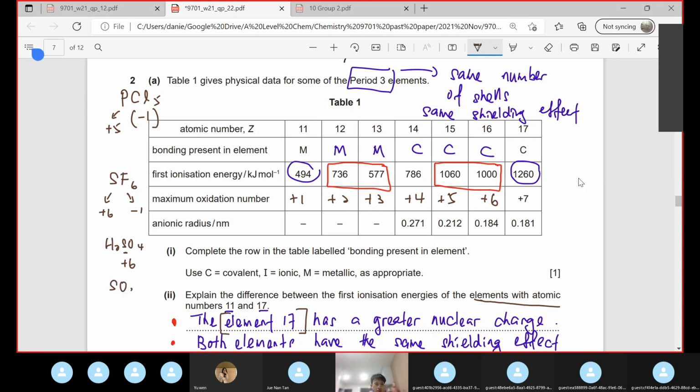SO3, the sulfur also +6. So all this you should be able to remember, and then you need to be able to relate. Then only you can know what is the maximum oxidation number for the phosphorus or the sulfur.